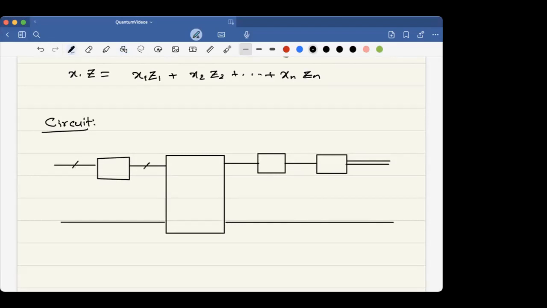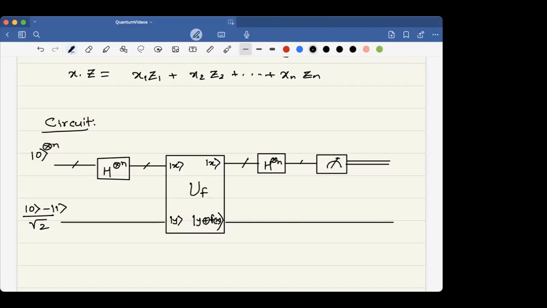This symbol means there are multiple wires, so this is n wires. So 0 tensor n is the input state here. The single wire on the bottom is 0. This is Hadamard tensor n. This is our U of f, which is the query, taking x, y to x, y plus f of x. This is another Hadamard tensor n, and this is finally our measurement.